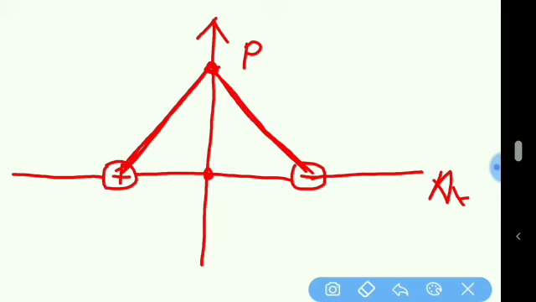You can see here the distance of point P from positive charge and from negative charge is same.